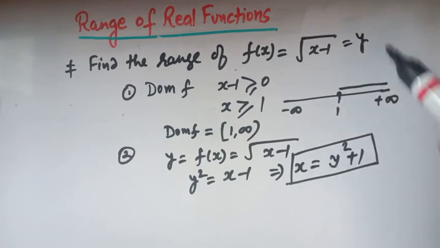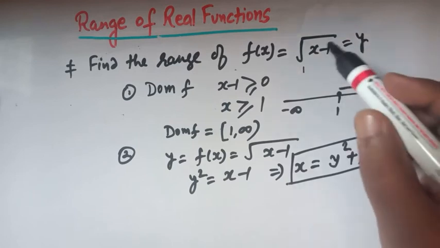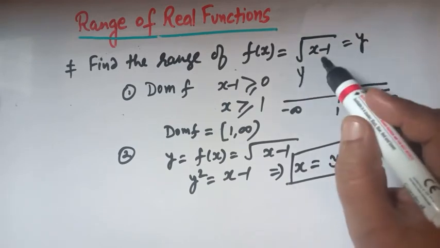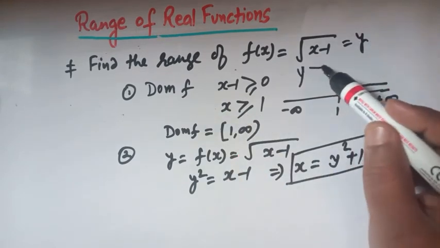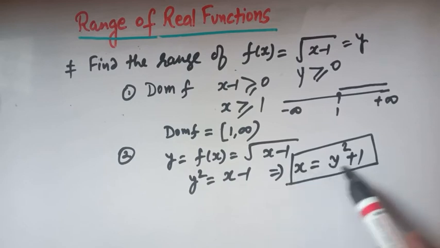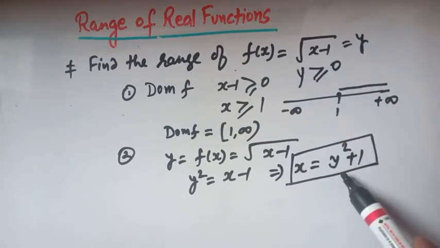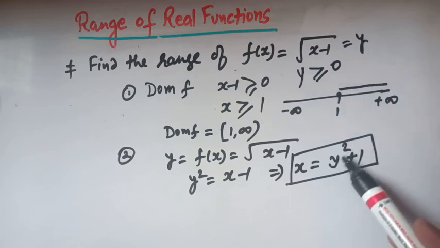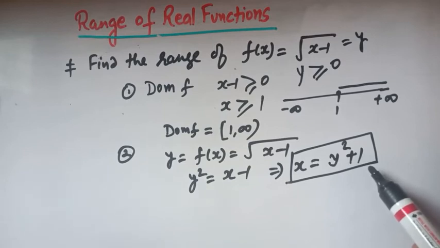Now from this relation, square root of x minus 1 equal to y, we see that y is always non-negative because x is greater than or equal to 1. So obviously y is always greater than or equal to 0. Clear? So therefore here from this relation we see that the least value of y is here 0. So if we take the value of y equal to 0, so x will be from 1 to infinity.